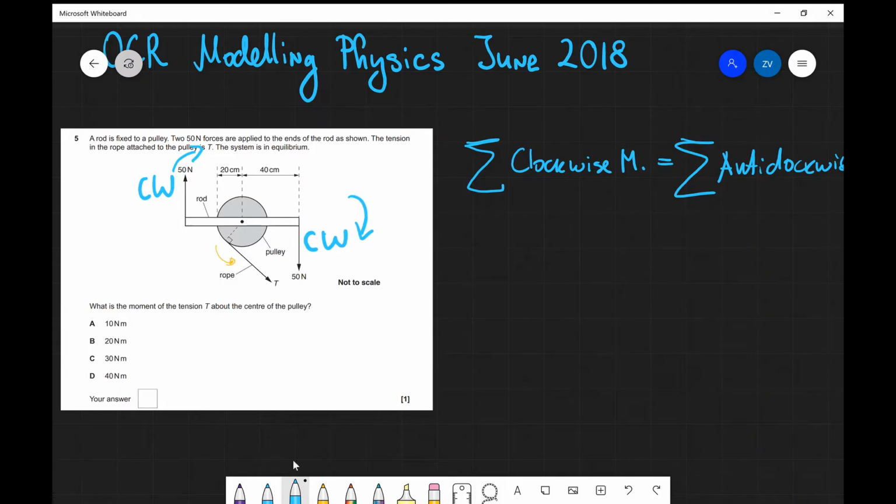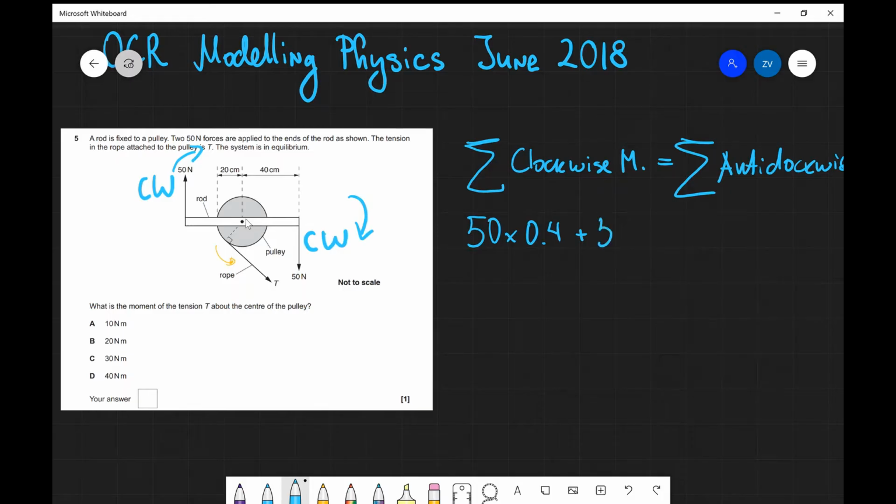We're going to start off with this 50 Newton force over here, so that's 40 centimeters away from the pivot point. So it's going to be 50 multiplied by 0.4. Plus another one of exactly the same, because this is also a force of 50 newtons, which is 40 centimeters away.